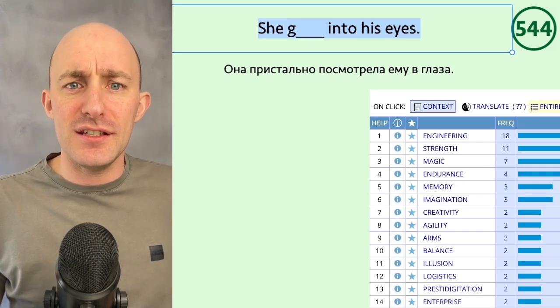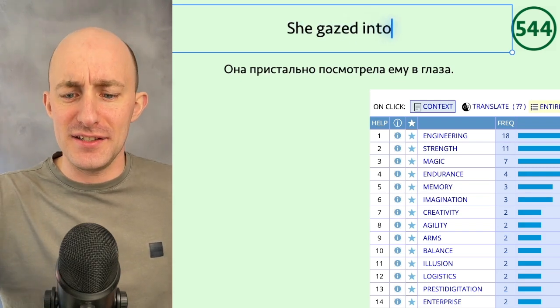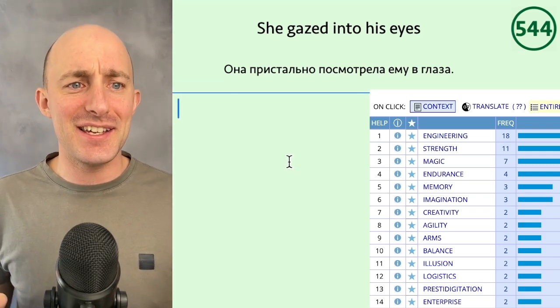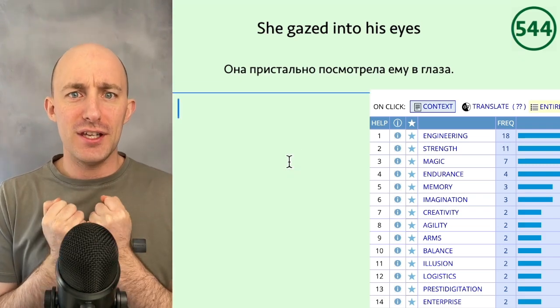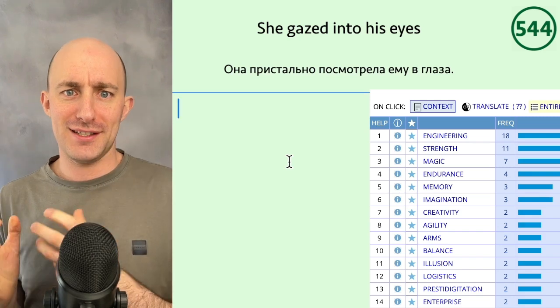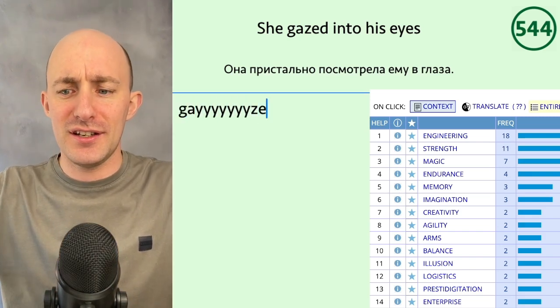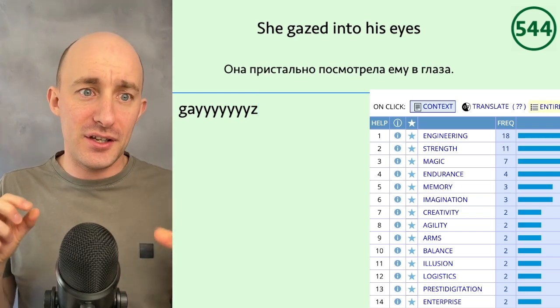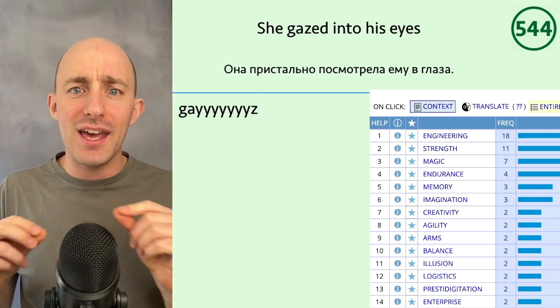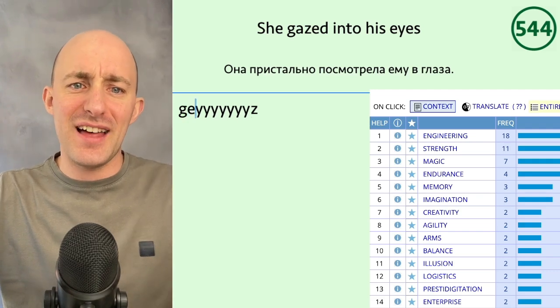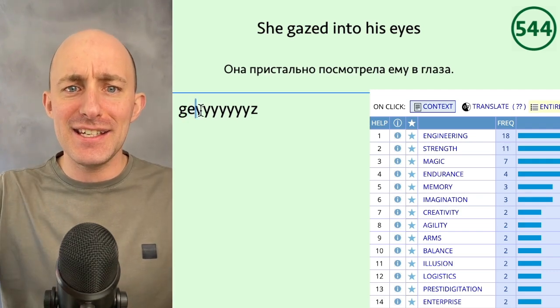The next one. She gazed into his eyes. When you pronounce these words, gaze and eyes, try to pronounce a lot of y. When we have a voiced consonant at the end of the word, we stretch the vowel, the y. Gaze. It's actually sort of pronounced like that, isn't it? Gaze.